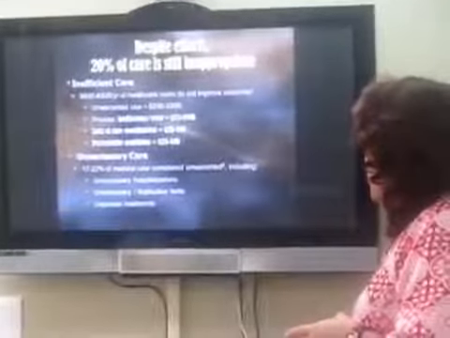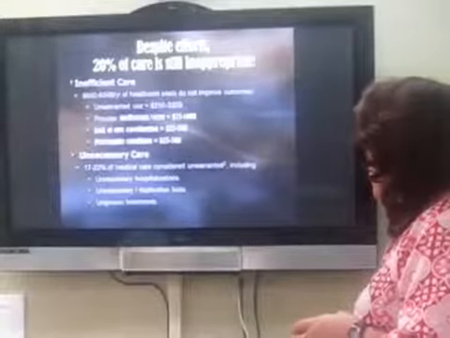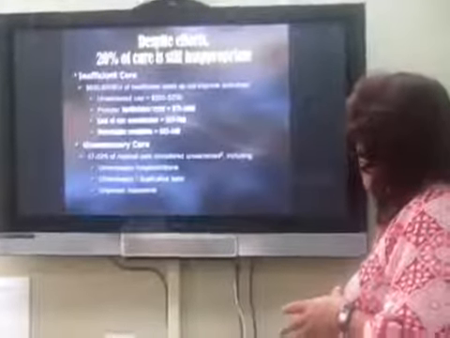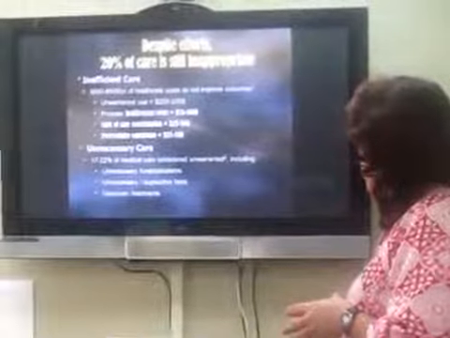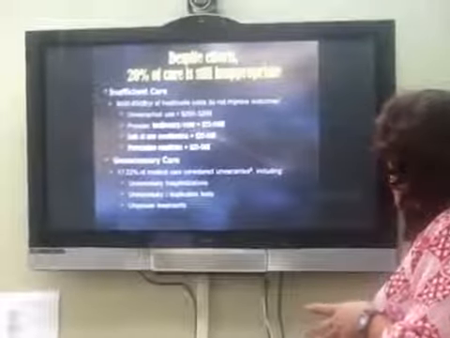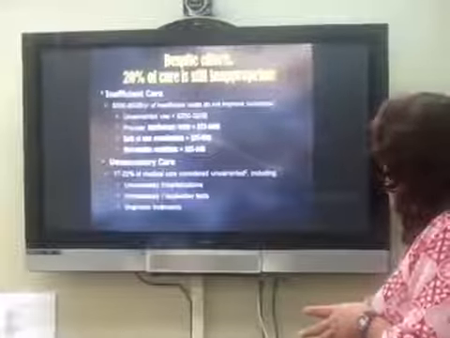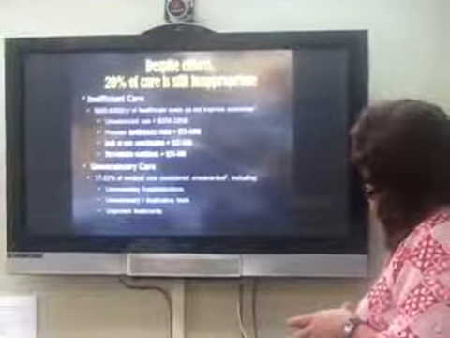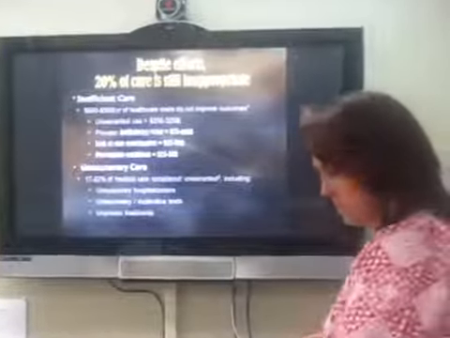Provider inefficiency and error costs 75 to 100 billion. Lack of care coordination, 25 to 50 billion, and preventable conditions, 25 to 50 billion. Unnecessary care, 17 to 22% of medical care is considered unwarranted, including unnecessary hospitalizations, unnecessary duplicative tests, and unproven treatments.